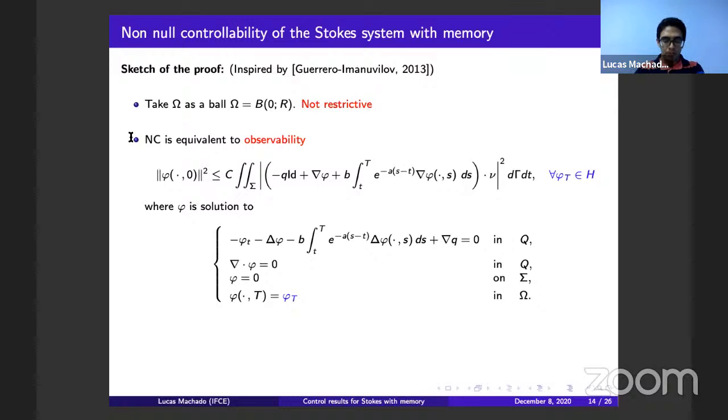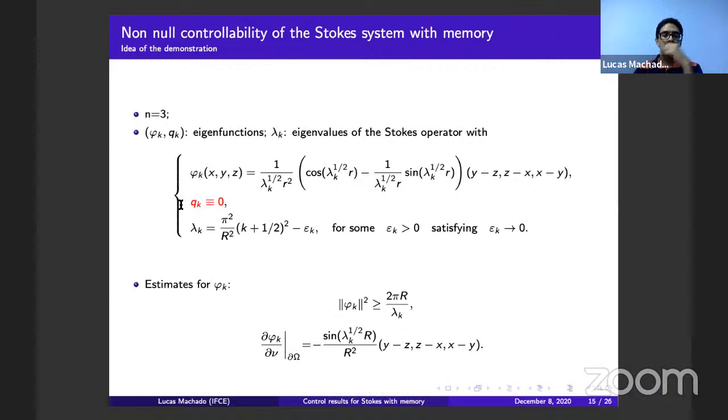Another point is that the null controllability result is equivalent to the following observability inequality for all phi T, where phi is the solution to the adjoint problem and phi T is the data, okay. Then we will demonstrate that the observability inequality is not true for every phi T, okay.